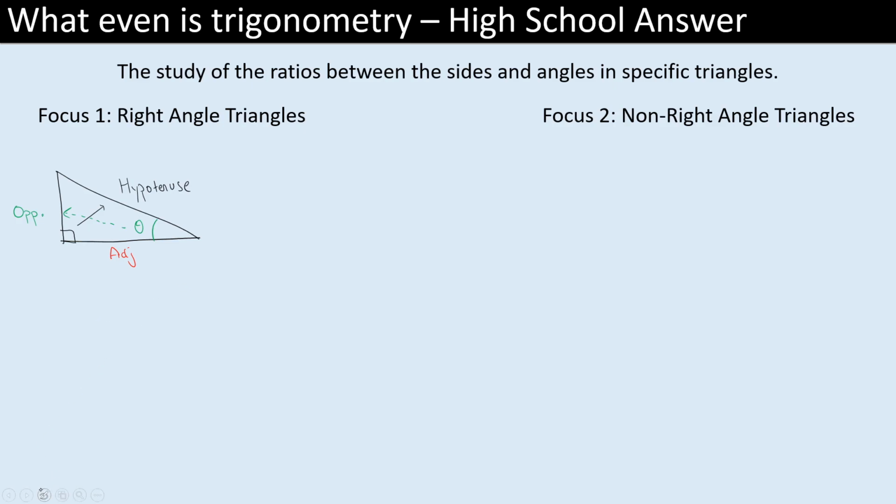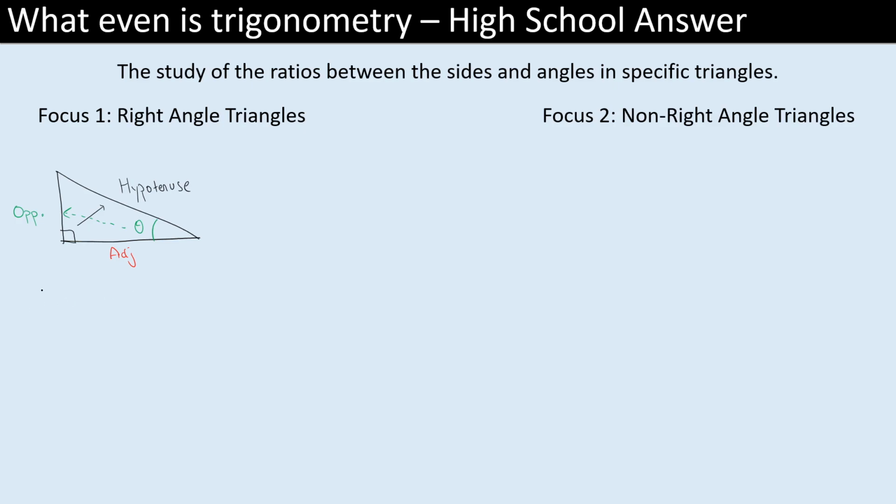Now, I said that it was a study of the ratios between the sides and angles. We have specific sides that pair up, depending on what ratio we're looking at. So we could have a ratio of the opposite and the hypotenuse. We could ask, how does the opposite link to the hypotenuse?